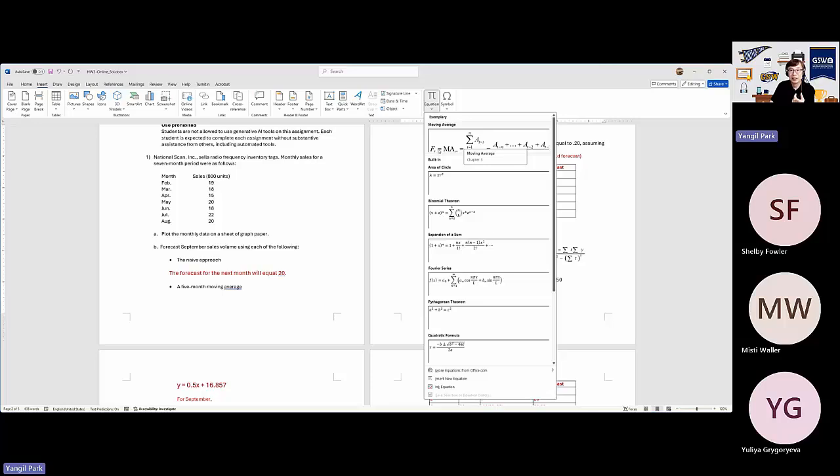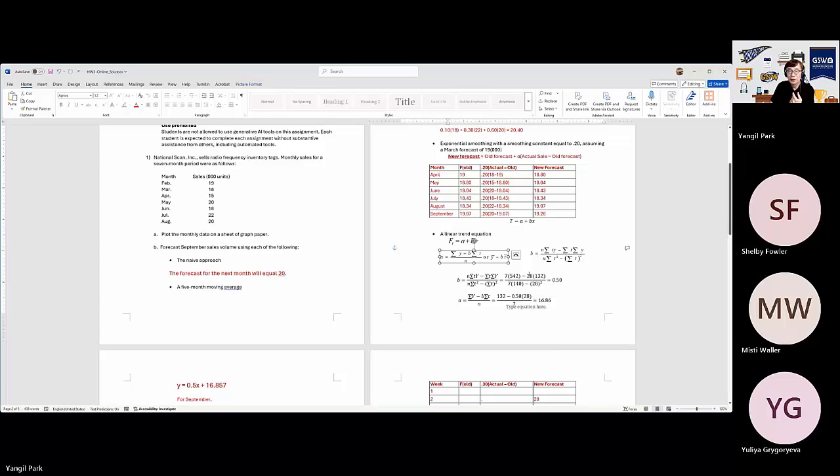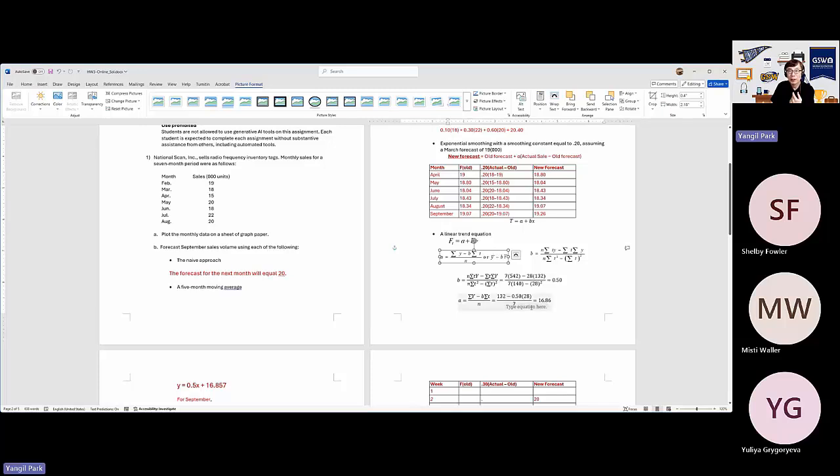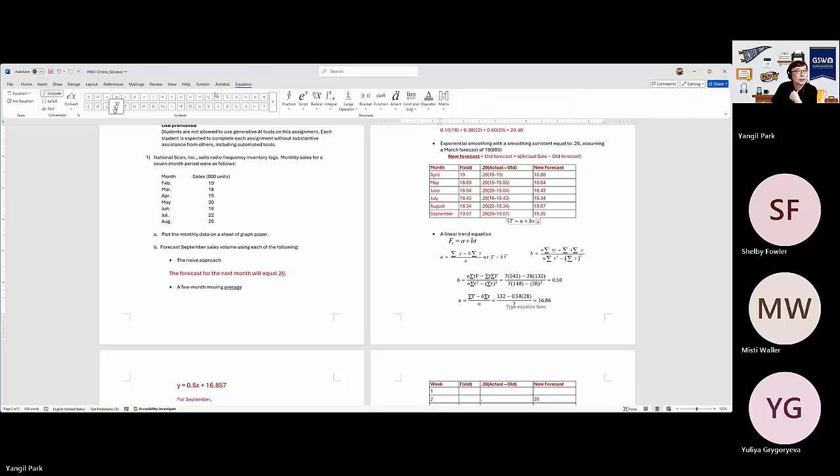So I saved it. So as long as you enter a new equation, then you can save it. Let me bring my equation. There you go. Equation, where's the save option?